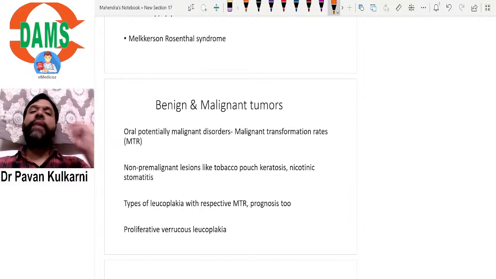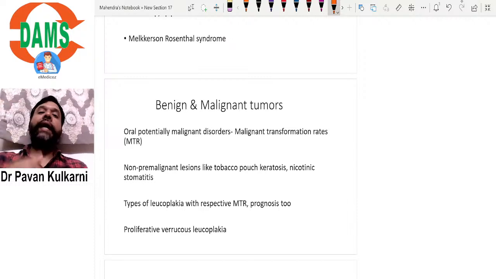That is why they say PVL has the maximum malignant transformation rate. So in INICET, we can expect a sequence: the malignant transformation rate is maximum for proliferative verrucous leukoplakia, then erythroplakia, then speckled leukoplakia, then homogeneous leukoplakia. That is the order you are supposed to remember.